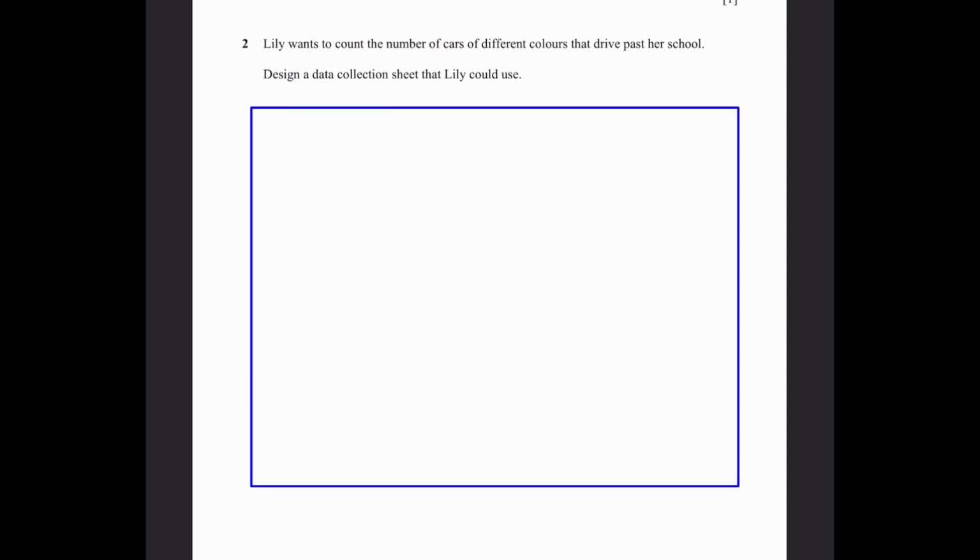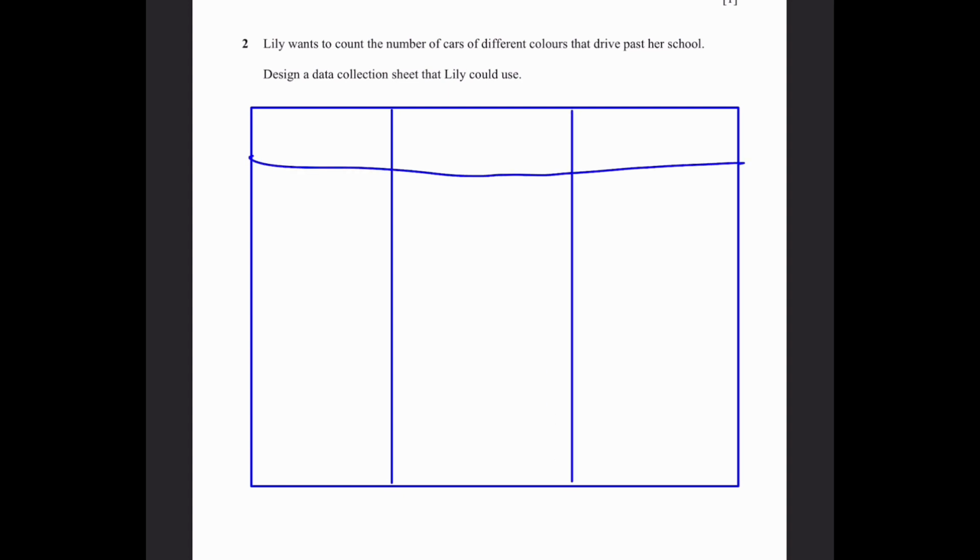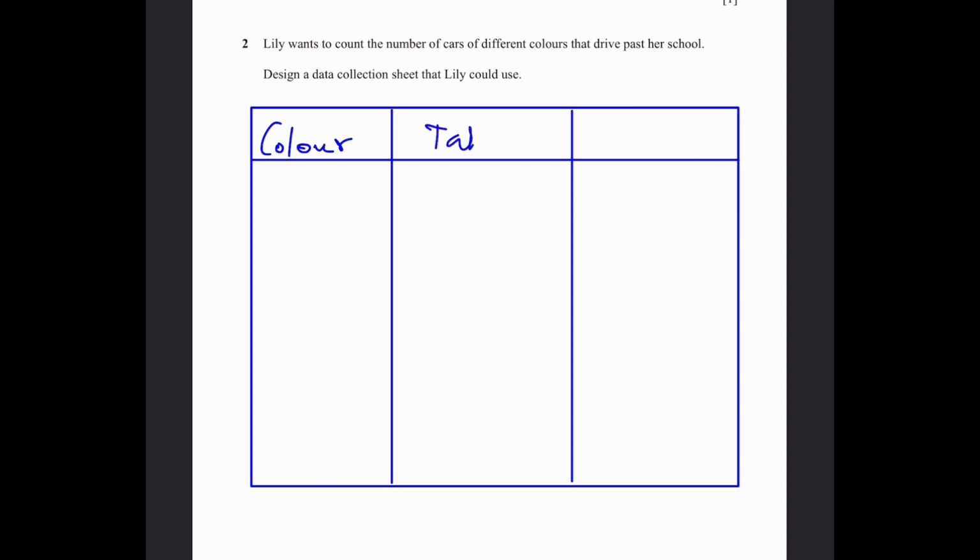Just draw a rectangle and now divide into 3 columns like this. And now we can divide for the heading section. We have color of car and then tally, frequency. So color means the color of the car that drives past the school.